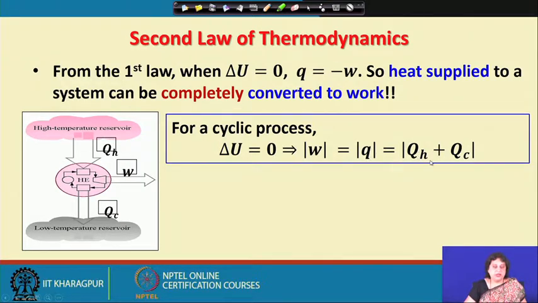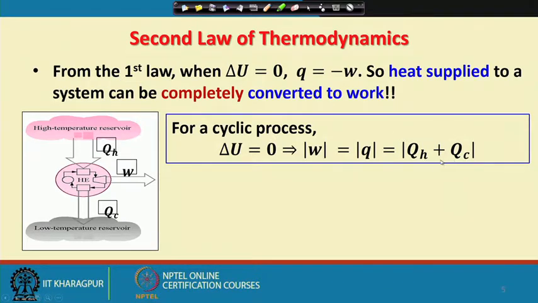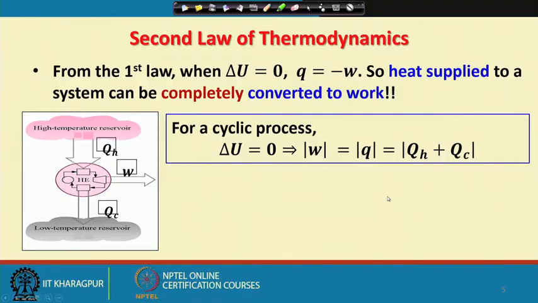That is QH, the amount of heat exchanged at the hot reservoir, plus QC, the amount of heat exchanged at the low temperature reservoir. You must realize that each of QH and QC may be positive or negative depending on whether the heat is being gained by the system, that is my heat engine, or it is being rejected by the system. Now, what is the consequence of this?